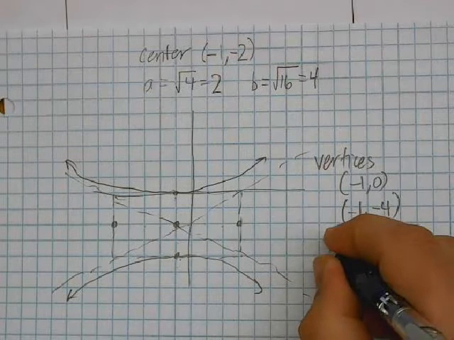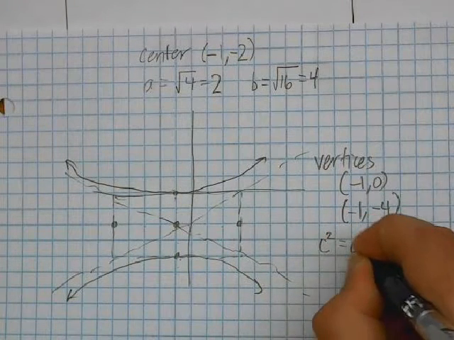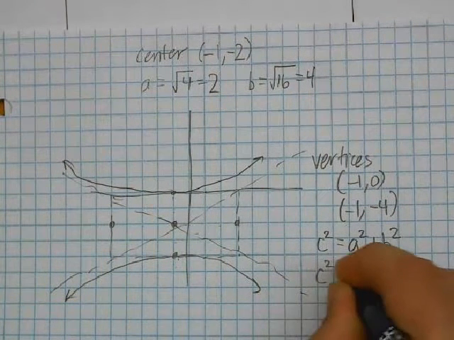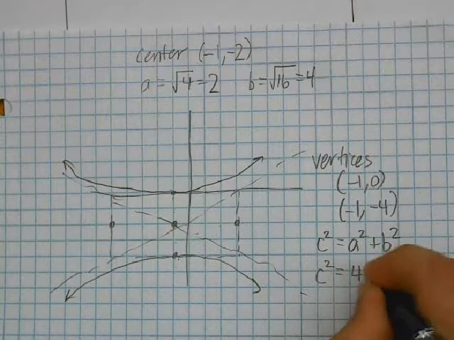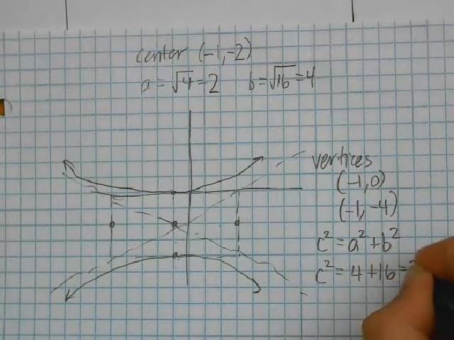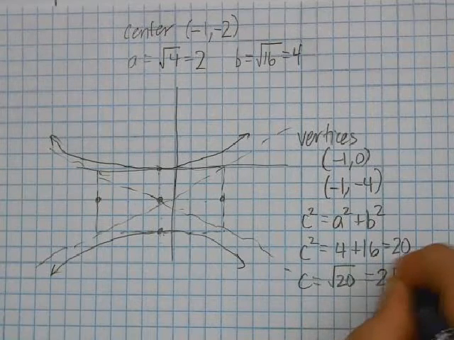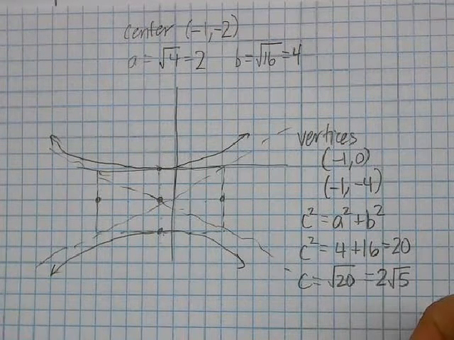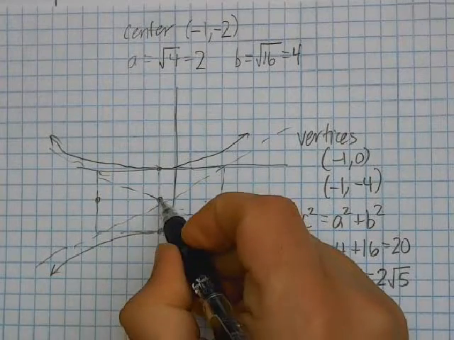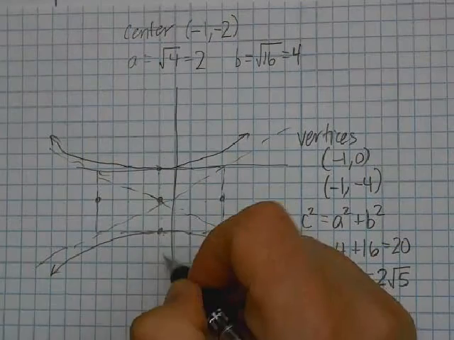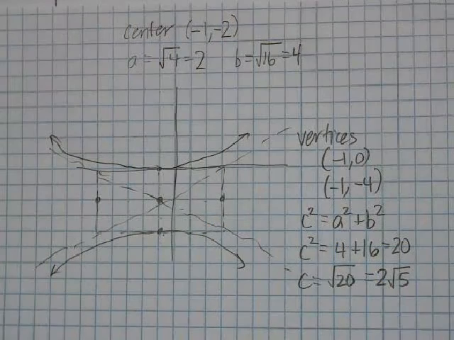Now, for the foci, we have to figure out c. In a hyperbola, c squared is equal to a squared plus b squared. So here, c squared is 20. So c is 2 radical 5. So the foci are going to be 2 radical 5 units away from the center, which is about 4.5 units.